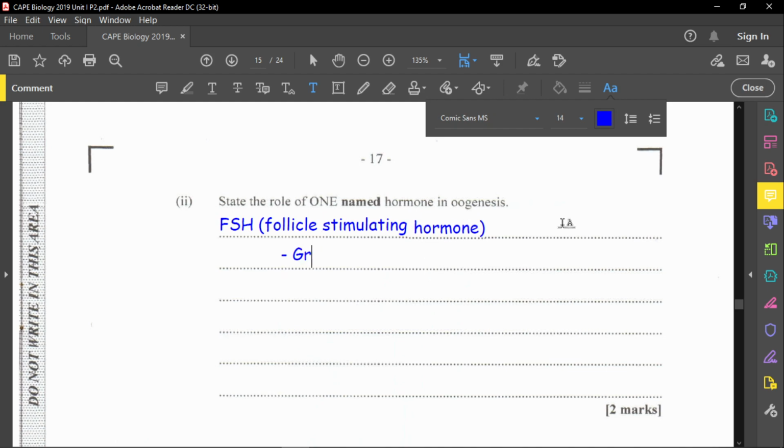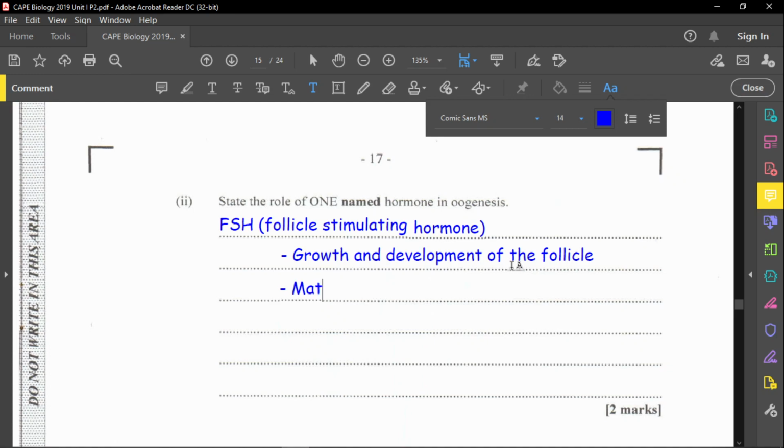One, it aids with the growth and development of the follicle. And it also will aid with the maturing of the primary oocyte.